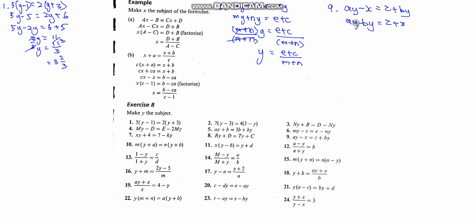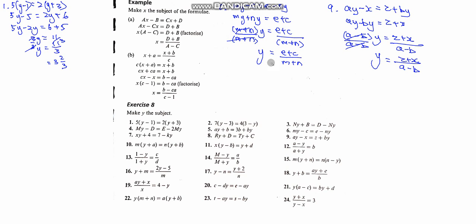Now same thing, y is a common factor for both of these. So I take out the common factor. Now after that I divide by a minus b on this side, and by a minus b on this side. So this one cancels with this. So I'm left with y equal to z plus x over a minus b.